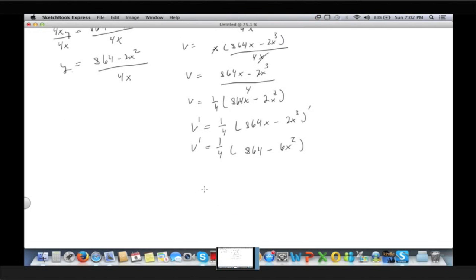Now, I can set this equal to 0. Multiply both sides by 4.